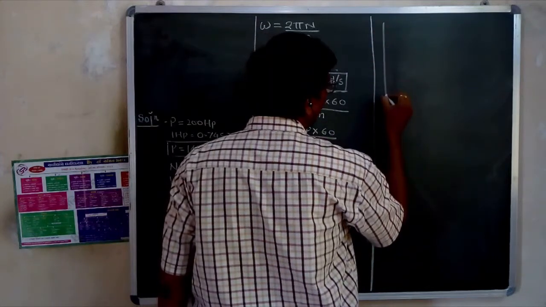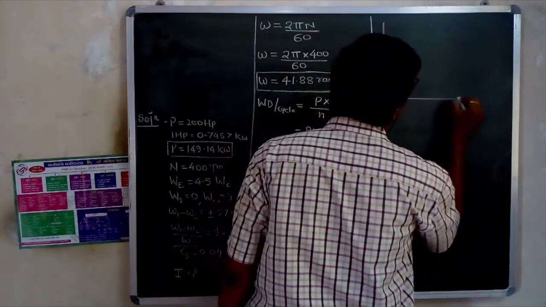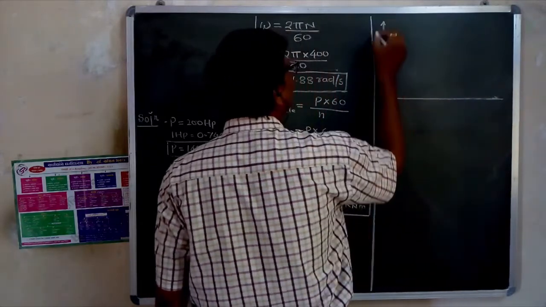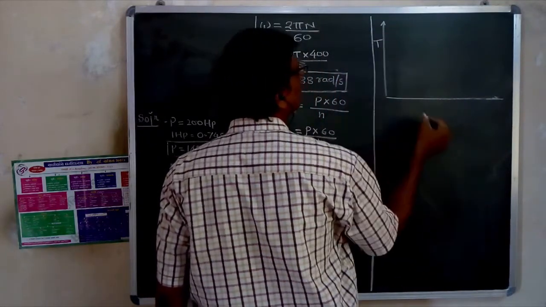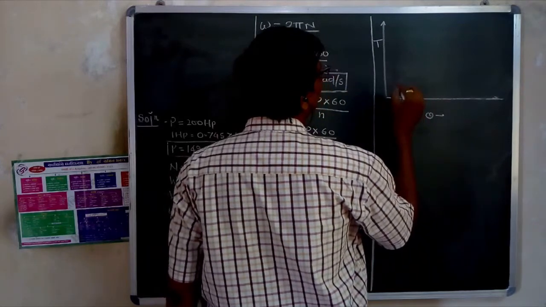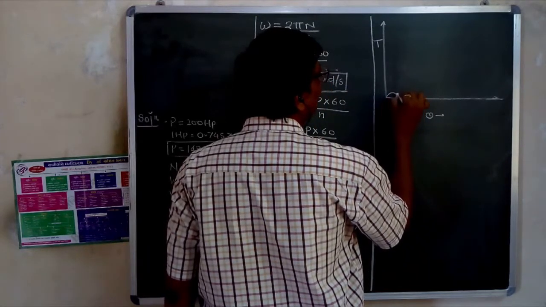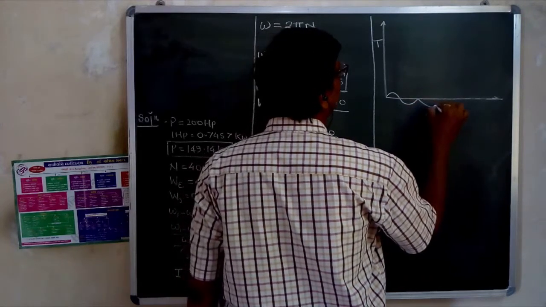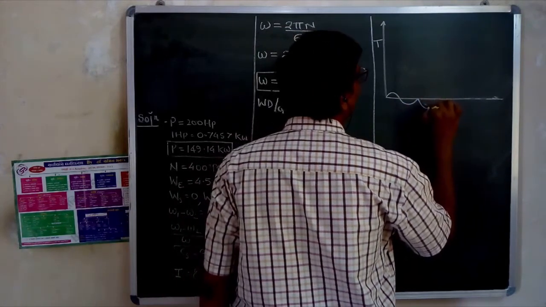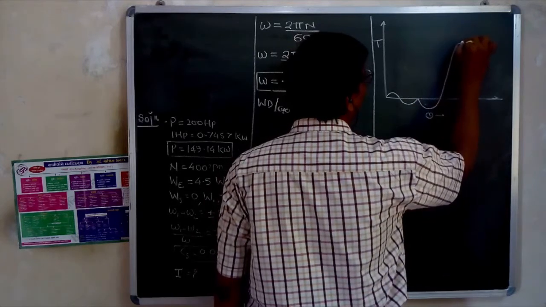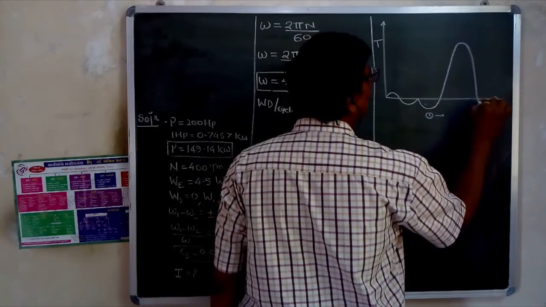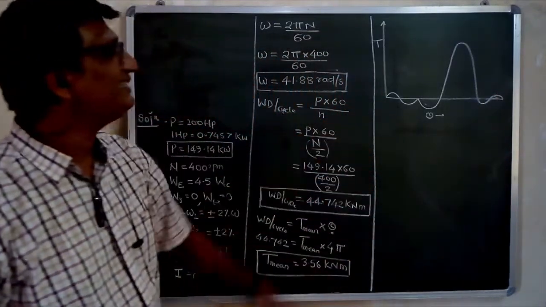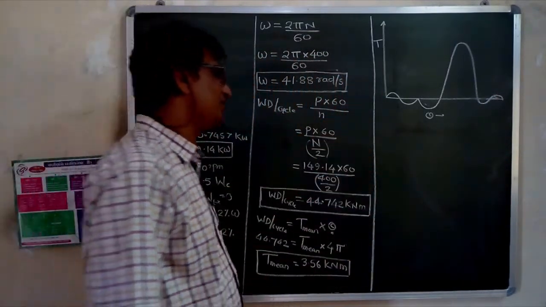I think you are able to see this diagram. This is the T theta diagram. And as you know, what is the four-stroke diagram for this? This is what you are having, like this, and then you are having this one, and then this one like this. So this is the T theta diagram for a four-stroke engine.